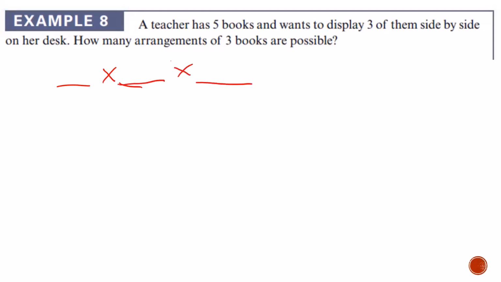At the beginning, there's still 5 choices that I could make for my first book. There's still 5. How many choices would I have for the second book? And for the third? Okay, instead of continuing, I'd stop here.